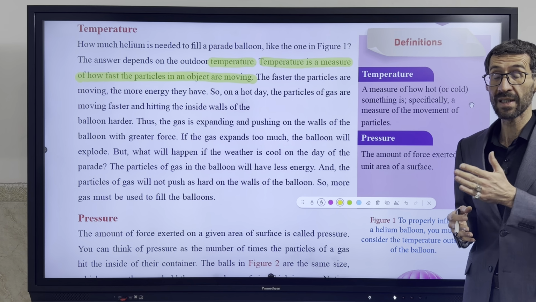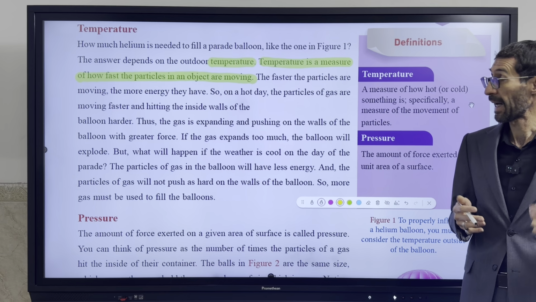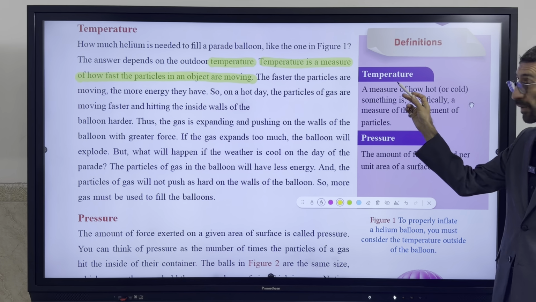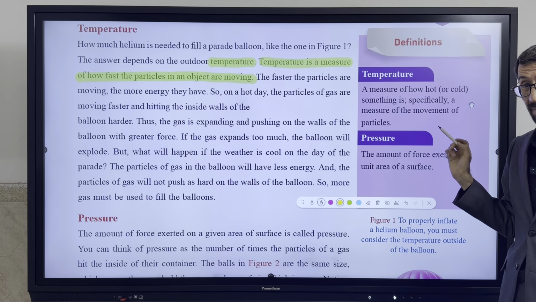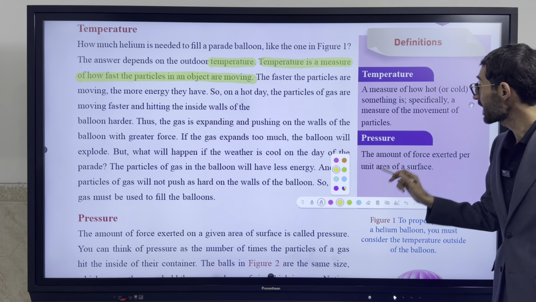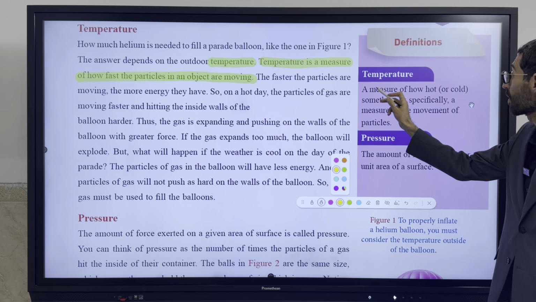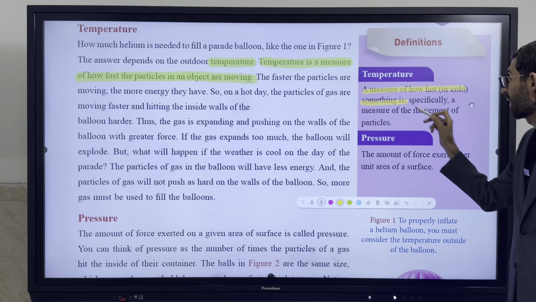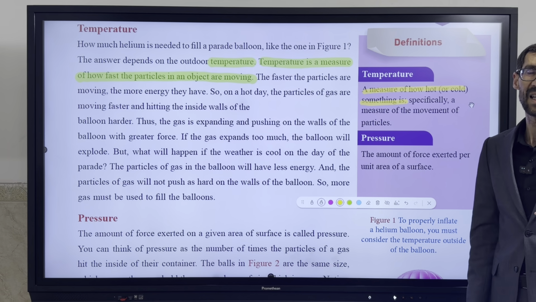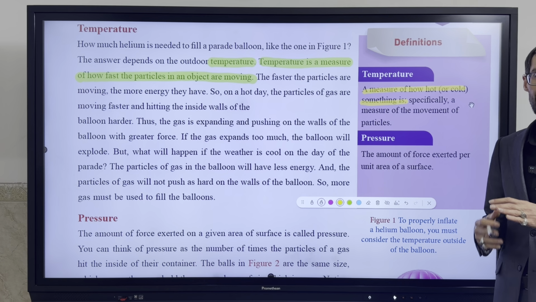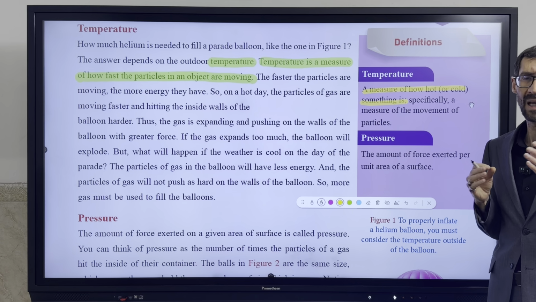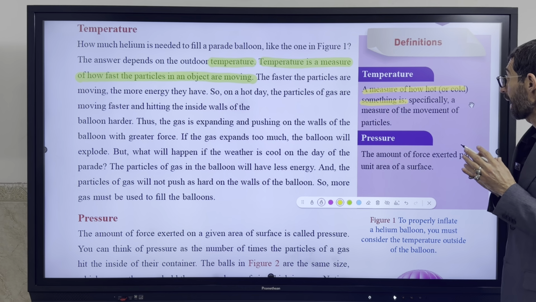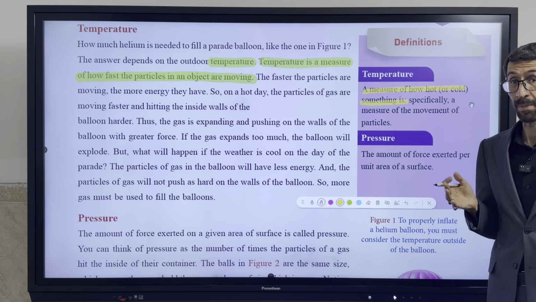It's a measure of coldness or hotness, as is clear from the first part of the definition. Take a look at this definition. It says temperature is a measure of how hot or cold something is. This is not scientific, actually. It's general information. Anyone knows this information.